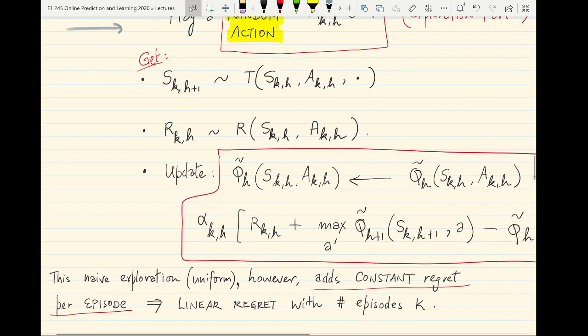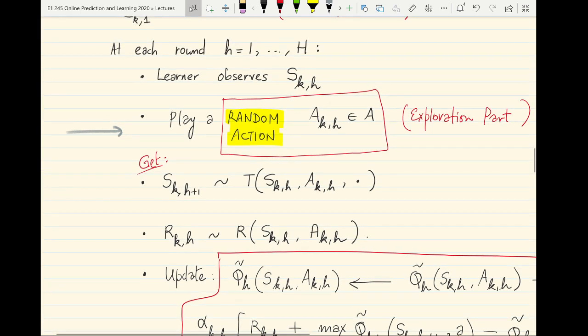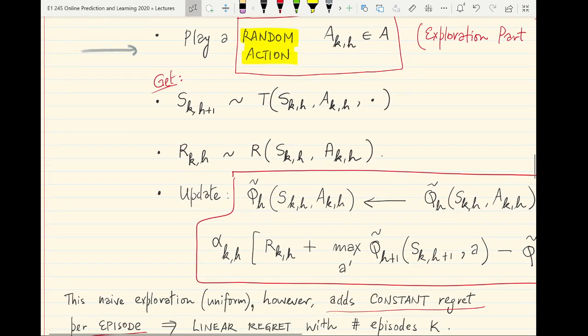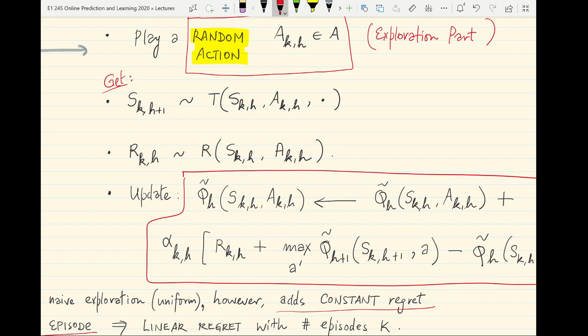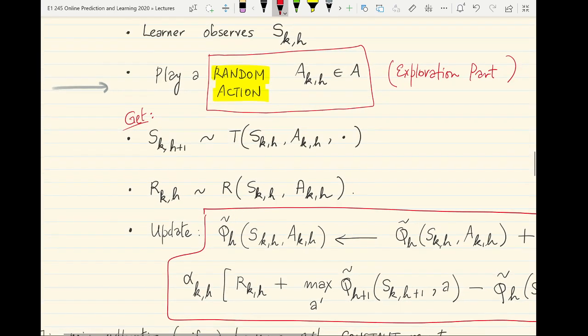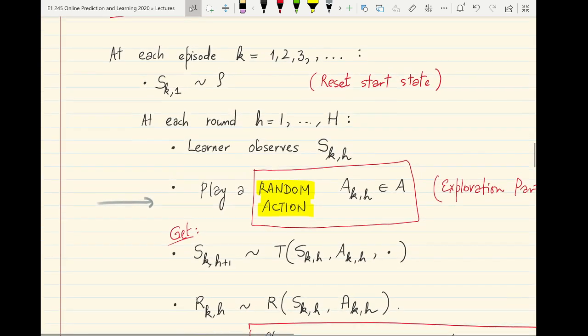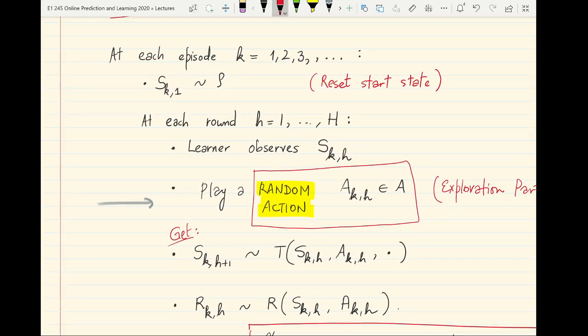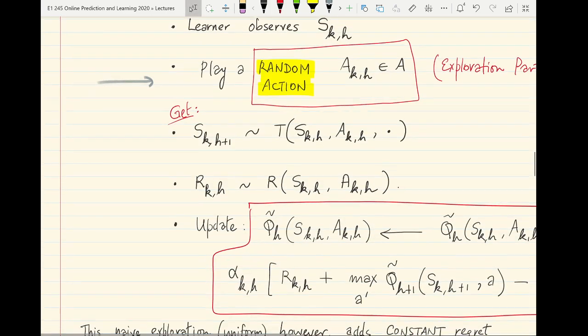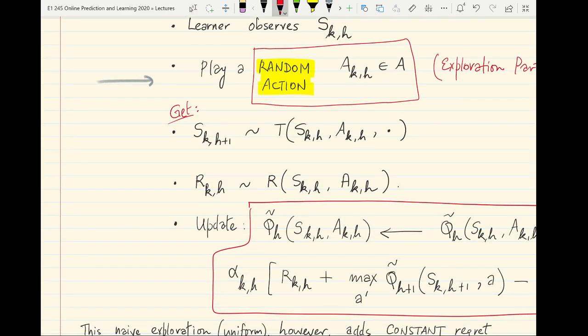The key thing to note is that even though your Q estimates could actually converge to Q star, you're not really doing anything in the sense of playing the optimal policy. You will still be essentially playing only random actions in spite of the estimates Q tilde H converging to Q star.